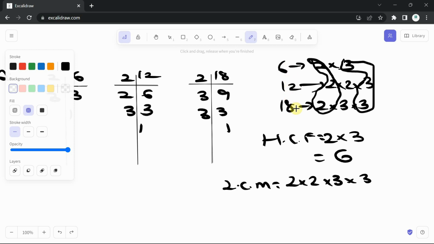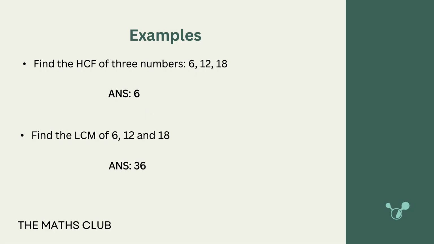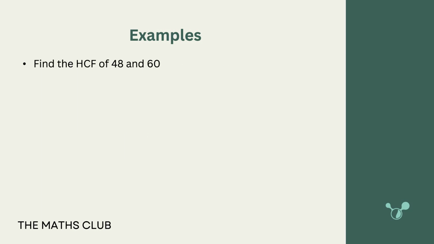That is really the essence of picking the highest 2's, right? And the highest 3's or the highest 5's, as the case may be. So 2 times 2 is 4, 4 times 3 is 12, 12 times 3 is what? Is 36. So that means the least common multiple of this is actually 36. Let's see if we're correct. Great, we're correct.